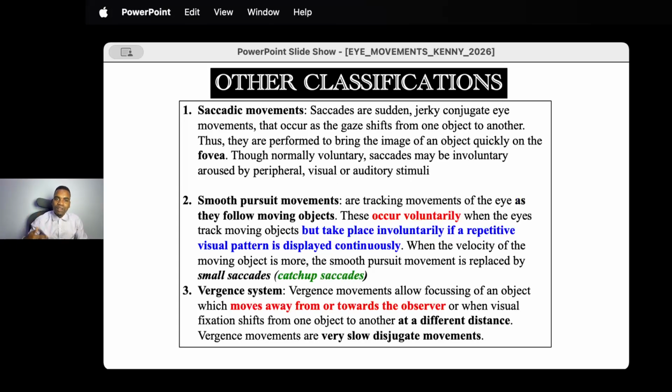So when you're reading, you have a combination of two movements. You have a smooth pursuit, where the eyes move smoothly to trace the line. And then when you reach the end of the line, your eyes jump quickly to the next line, so that you do not lose your place.